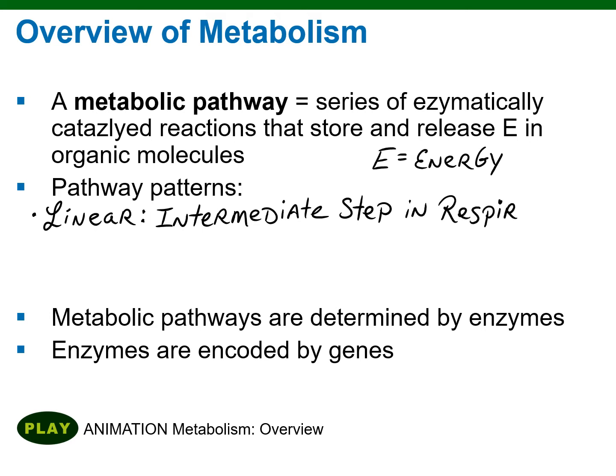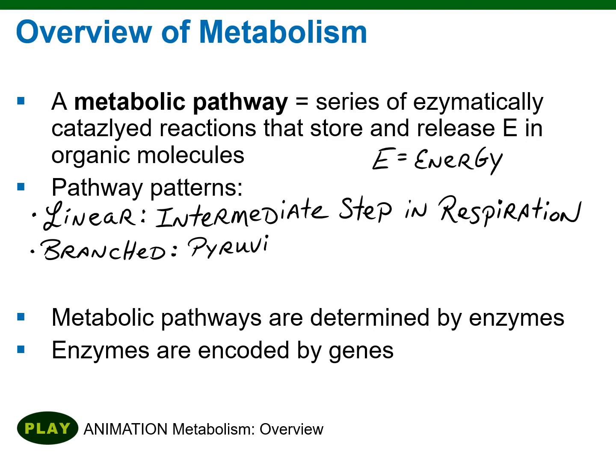Some pathways do not take on a fully straight set of steps, and they can actually be branched instead. So a fork in the road may occur where a molecule could take one or more paths. An example of that would be pyruvate metabolism.